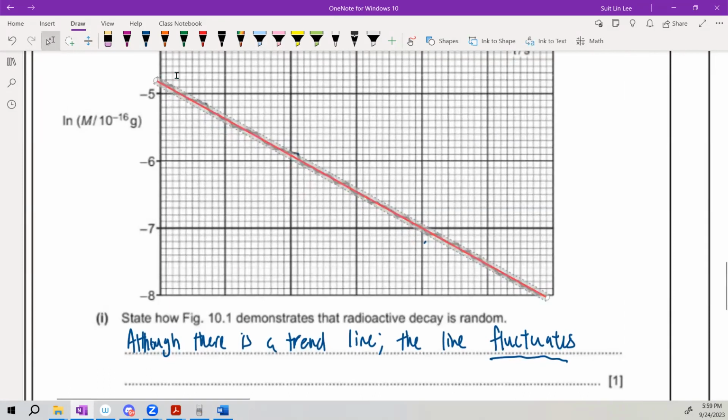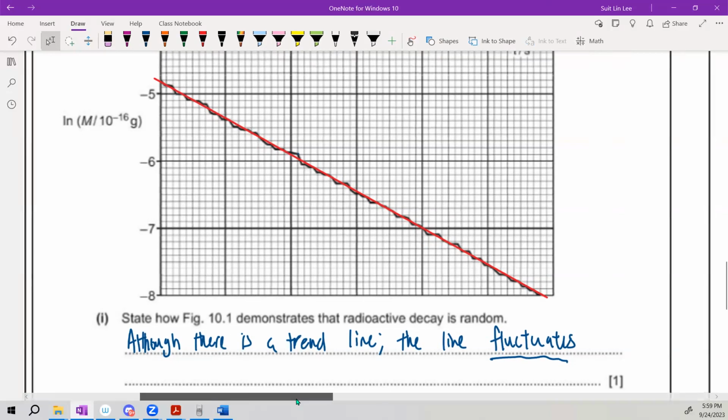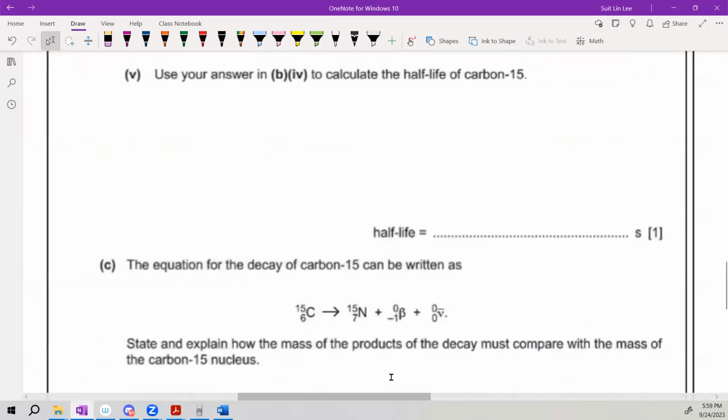So basically what you want is the amount of black color underneath the red line to be the same as the amount of black color above the line. Something like this. Okay, good enough. So there's a little bit on top, but there's also significantly a lot below. They balance out. The points above the line are more or less the same amount as the points below the line. Okay, 1 mark only. Moving on.